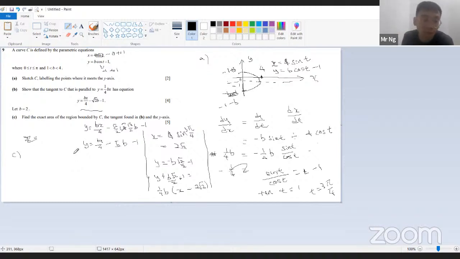Okay, so we need to look at how this thing relates to this graph. Minus square root 2b minus 1.